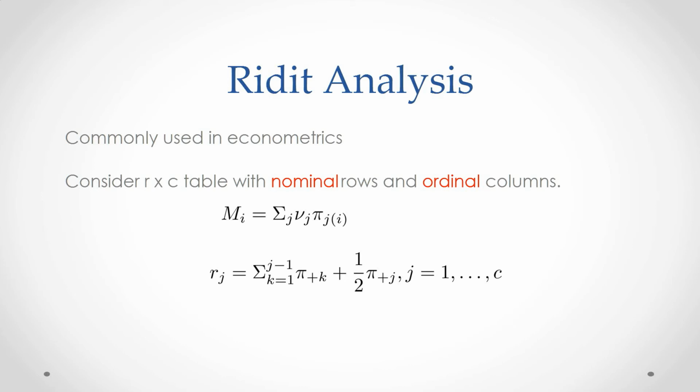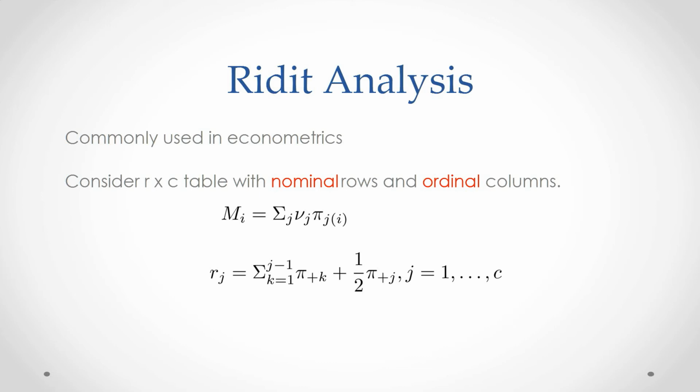Consider the marginal distribution pi plus j, j equal to 1 to c, of the response variable y. This is obtained by summing over the rows corresponding to the nominal variable.